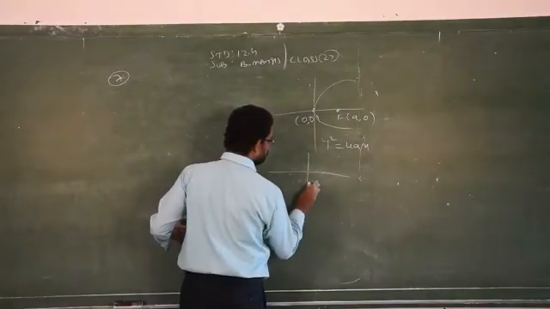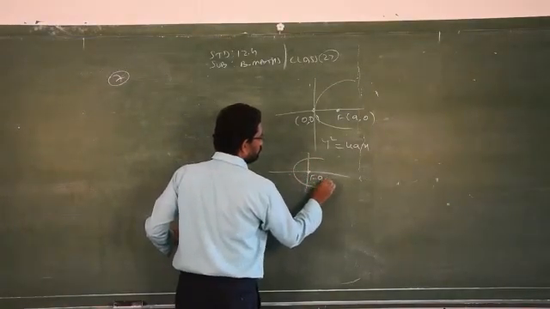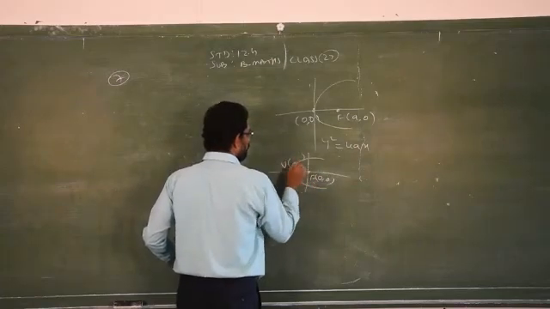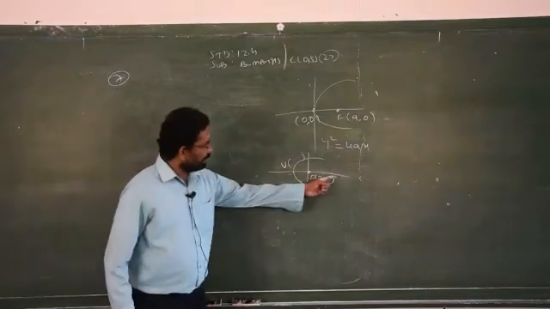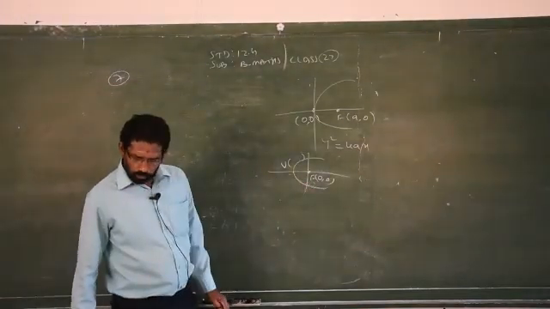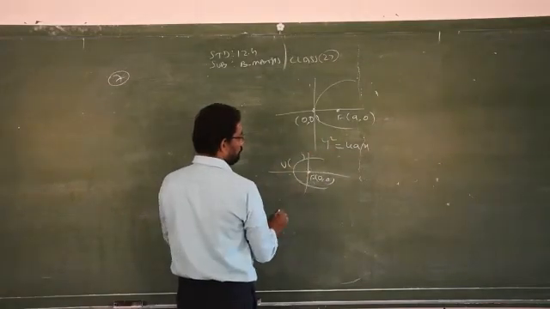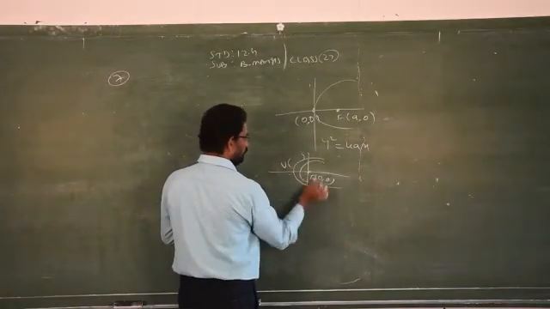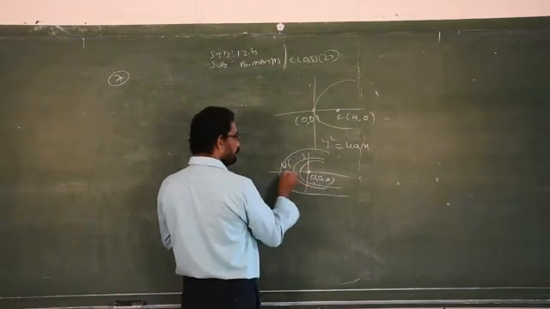So, focus. Vertex is somewhere, I don't know what the points are, but the axis will be the same. So you have to find the family of the parabola. There are so many parabolas like this. One, and we have another one, same focus, but the vertex will change.